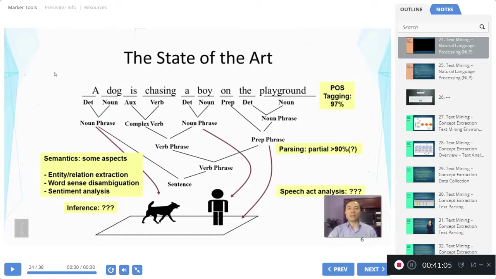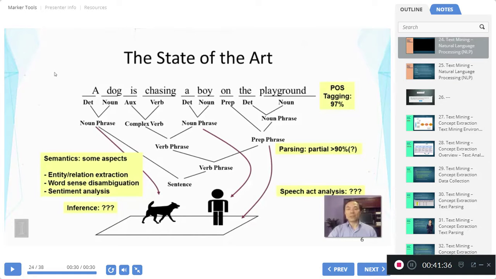So the numbers here are not really meaningful if you take them out of the context of the data set that are used for evaluation. But I show these numbers mainly to give you some sense about the accuracy or how well we can do things like this. It doesn't mean on any data set the accuracy will be precisely 97%. But in general, we can do part of speech tagging fairly well, although not perfectly.